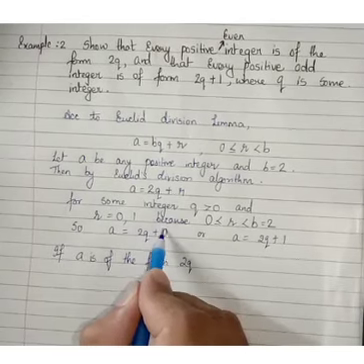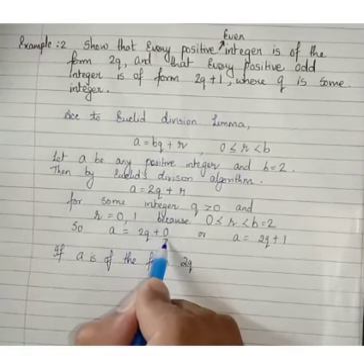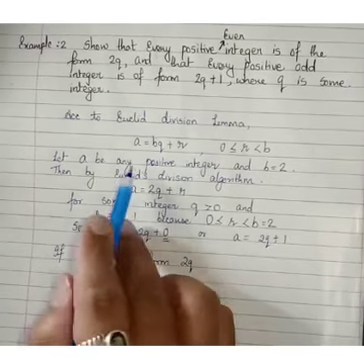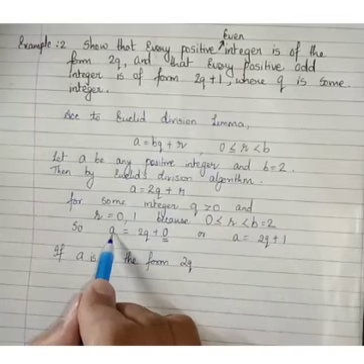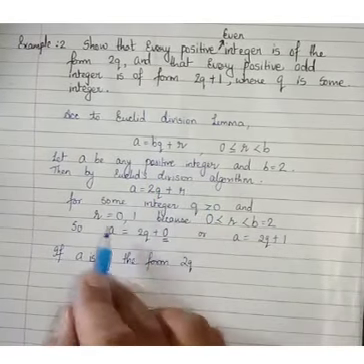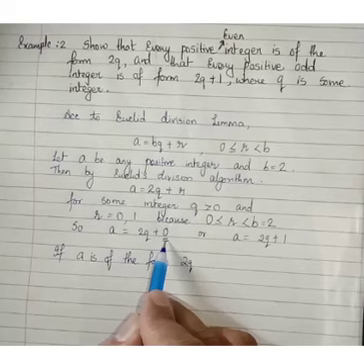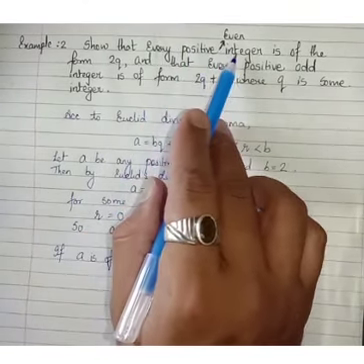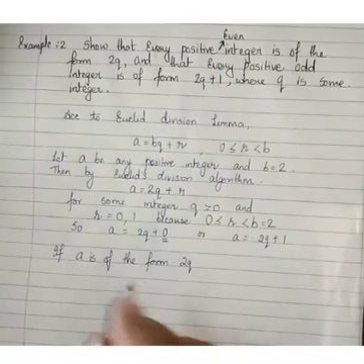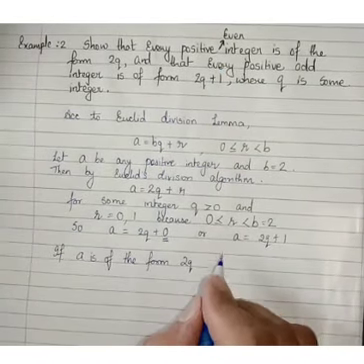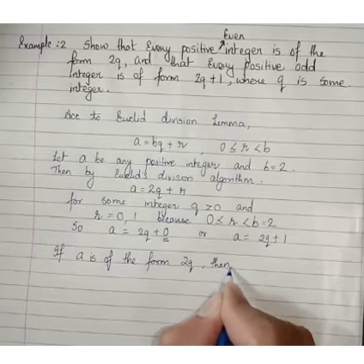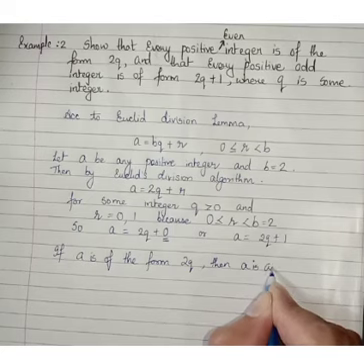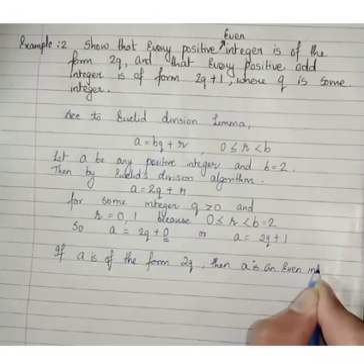It means this value is the remainder. If the remainder is 0 then a is equal to 2q. That means a is any positive integer whose remainder is 0. It means a is an even positive integer. So if a is of the form 2q, then a is an even integer.